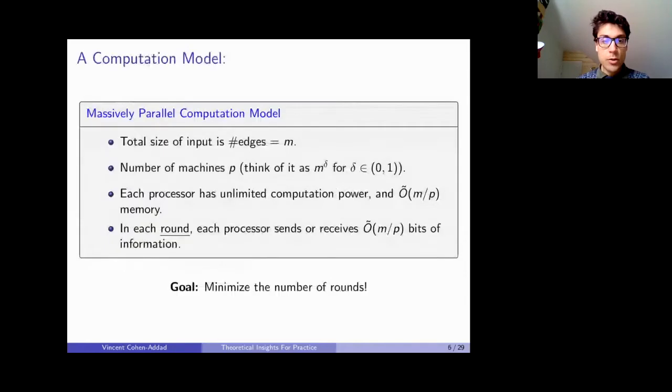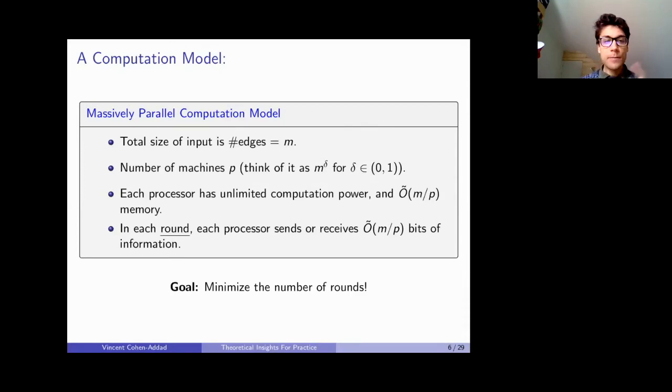One important thing that will be interesting for us in this talk, not as a pure theory question, but as a good indication of whether an algorithm is practical: of course, there are practical algorithms that don't follow this pattern, but if your algorithm can work in the massively parallel computation model, then it's practical for two reasons.